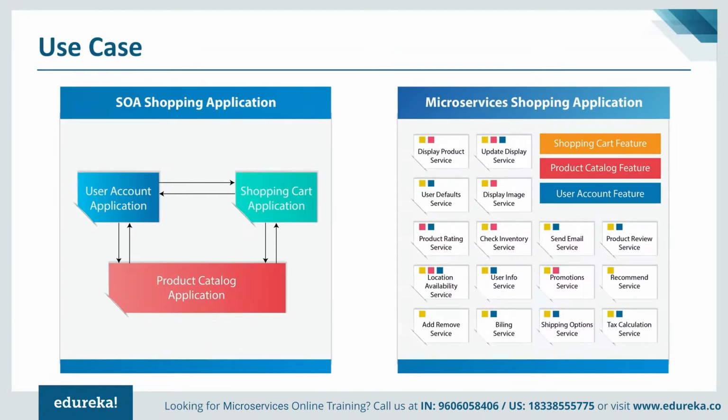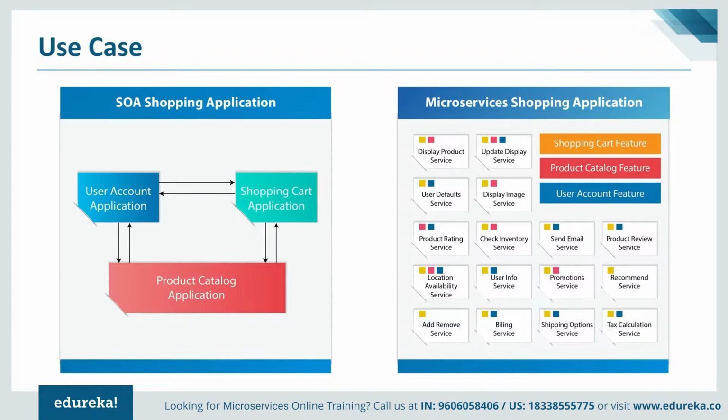Now, each of these applications would have smaller tasks. A shopping cart application, like I told you before, it would have an add or remove functionality where you can add a product to your cart, you can remove a product from your cart, you can check what is the bill in your cart, you can check out what is the tax that is there, and all these things. Similarly, if you talk about a product catalog, you have other tasks, right?